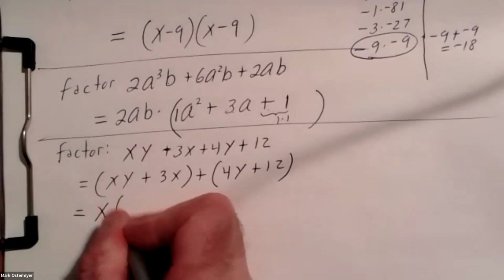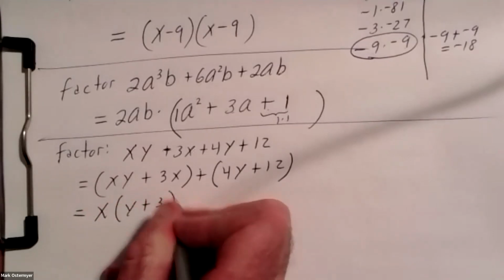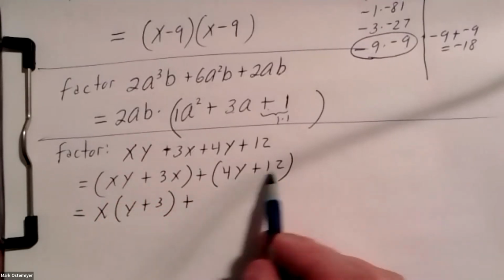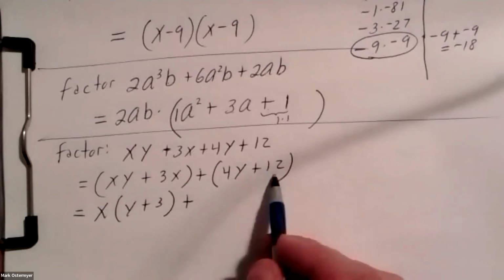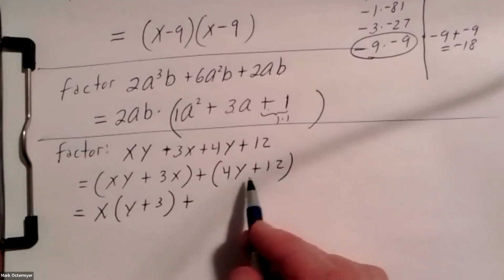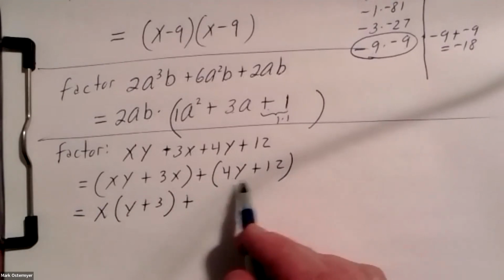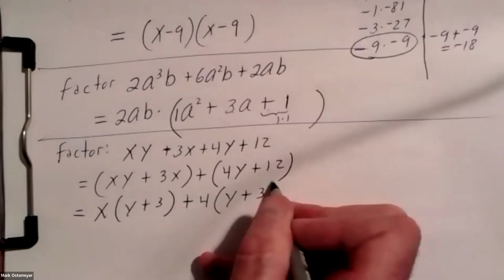Grouping? So what can I factor out of the first two terms? X. I leave behind y plus 3. What can I factor out of 4y and 12? 4, and I leave behind y plus 3.